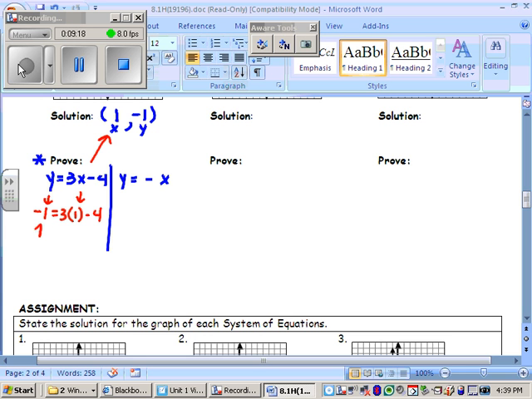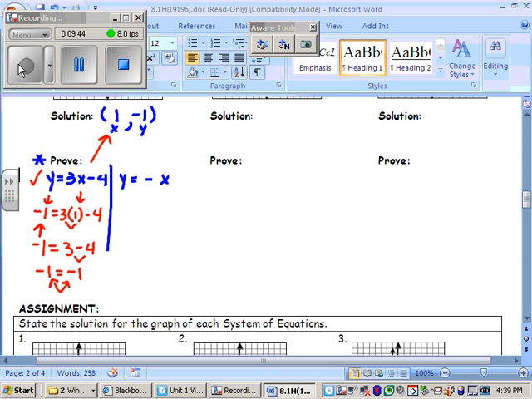Now notice on the left side of the equal sign, there's no calculating to do. So I will just drop down the -1. On the right side, we're going to multiply 3 times 1, which is 3, and then subtract 4, which gives us -1. Now notice our values on the left and the right side of the equal sign are the same, which means so far our solution checks out.